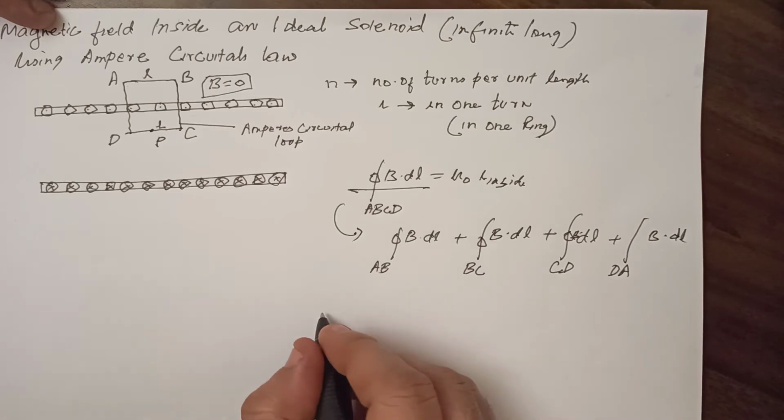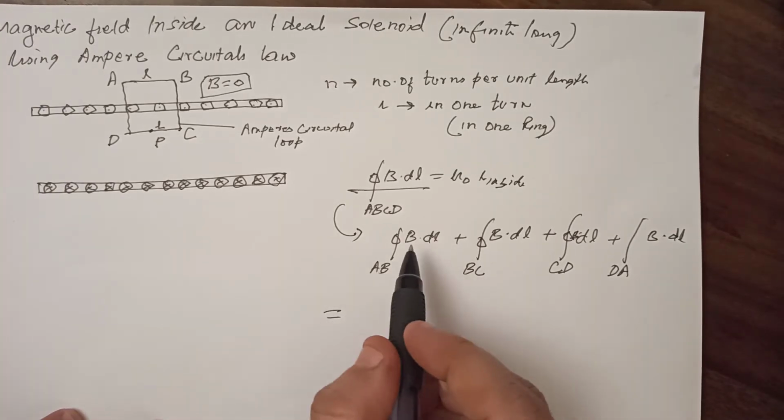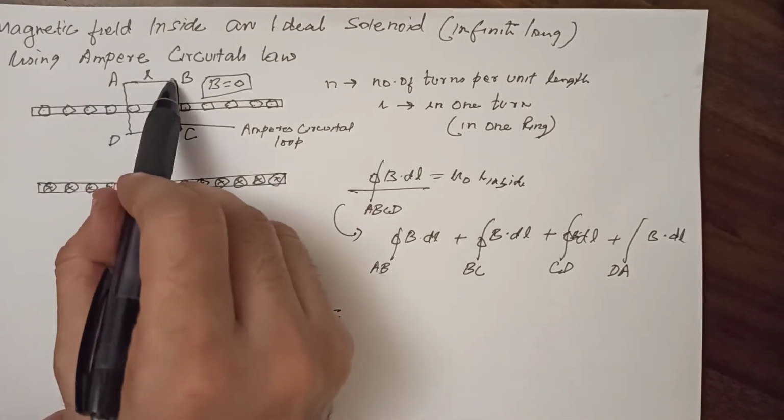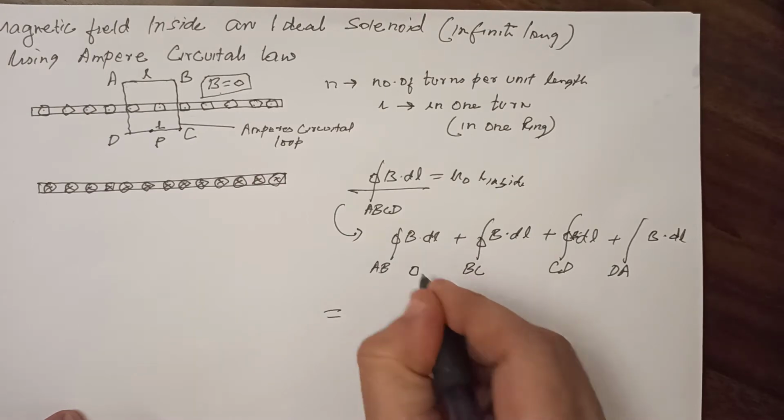Now let's go one by one. In AB we have already assumed the magnetic field outside is 0, so this is 0.